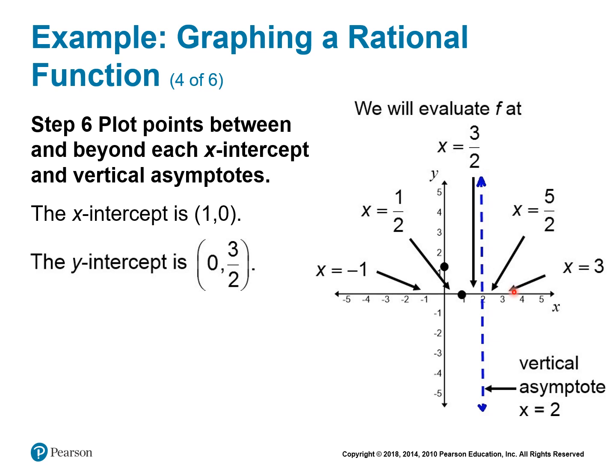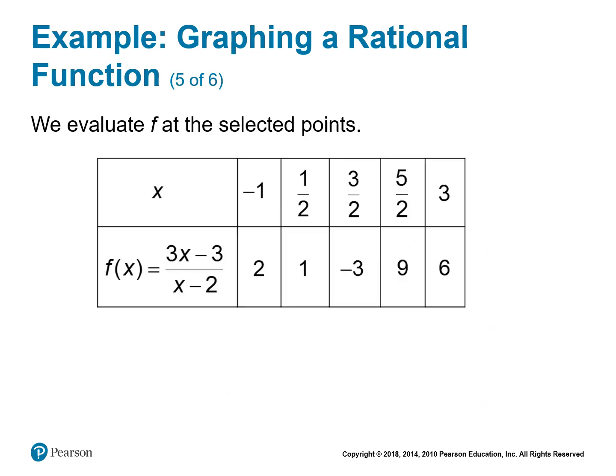So one point maybe at x equals 3, another at x equals 5 over 2, and another point at x equals a half somewhere here. All right, so let's go to the next slide and complete this graph.